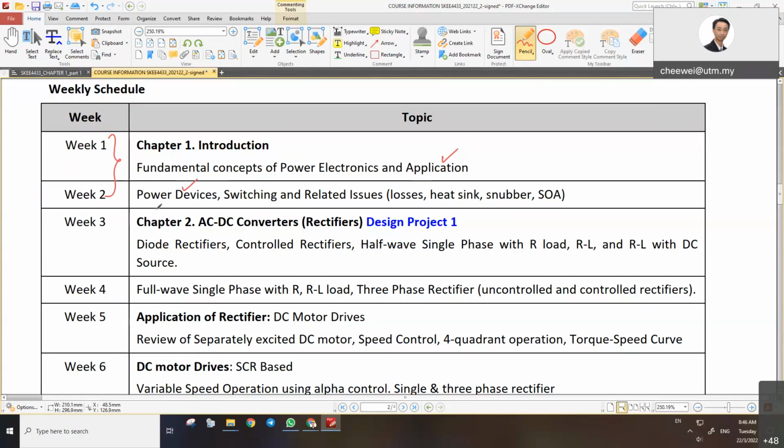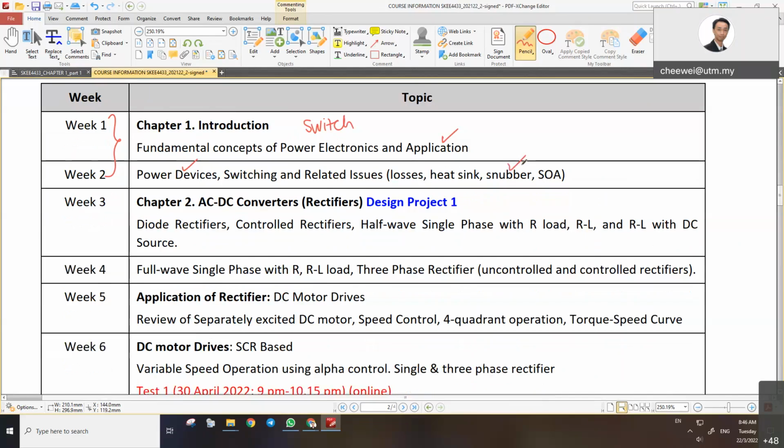Basically, when we say power devices, it's actually referring to a switch. What is the function of a switch? On and off, that's all. So switching and related issues, right, it is not ideal. So in practice, you have all these considerations. We'll look at it later.